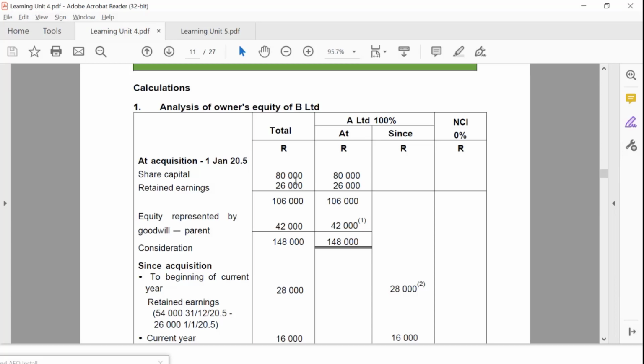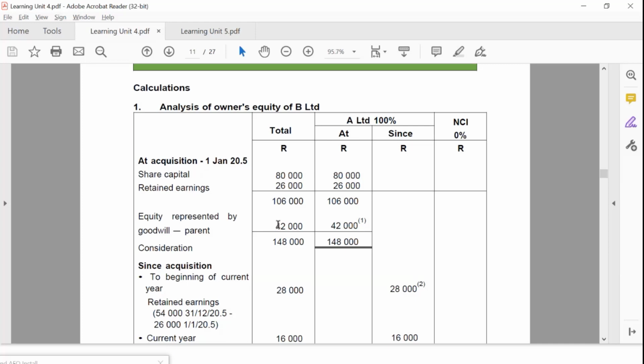Share capital, 80,000. Retained earnings, 26,000. Total, 106,000. What is 100% of 106,000? It's 106,000. Equity represented by goodwill. The net asset value on date of acquisition was 106,000. Meanwhile, I paid 148,000 for the net asset value. So the difference of 148 and 106 gives me what? Goodwill.